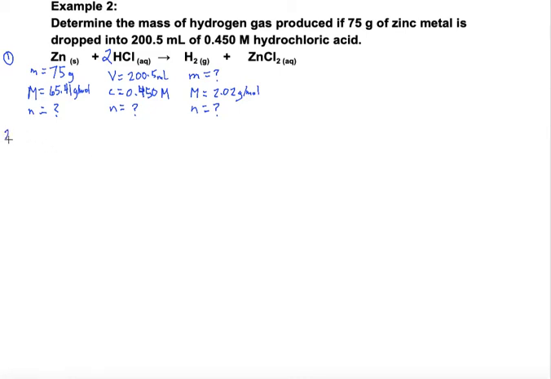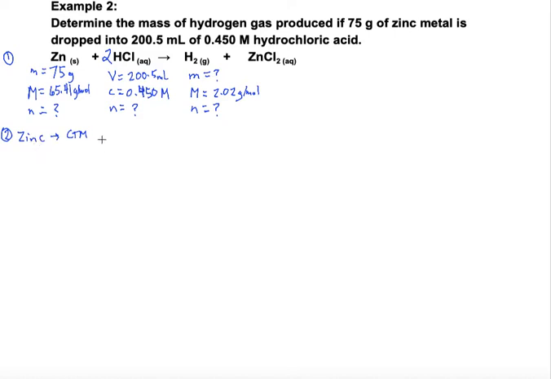So we've got a little bit of work ahead of us here. So let's start by converting to moles. So I'm going to work this one piece at a time. So zinc, I'm going to start with the zinc. I'm going to convert to moles, I'm going to do my CTM, convert to moles, and figure out what that is.